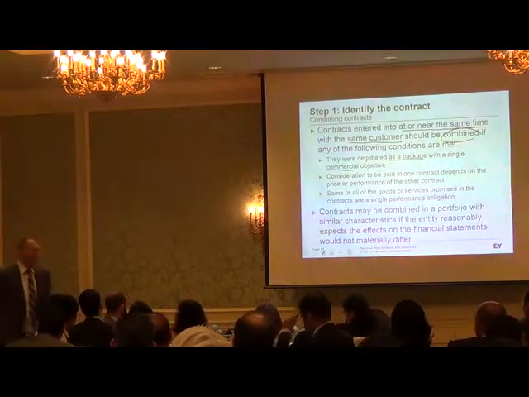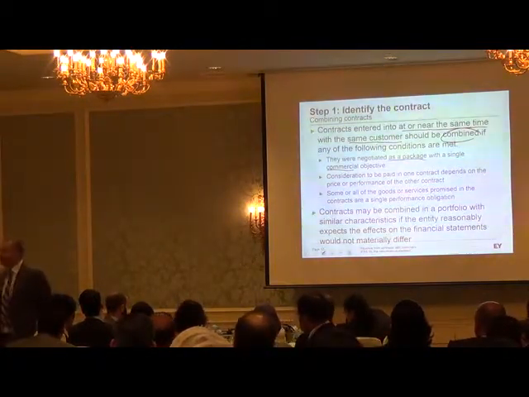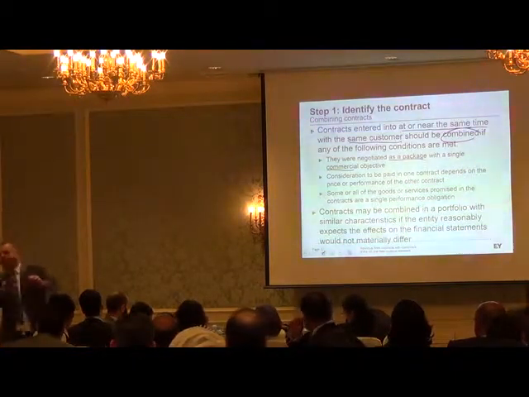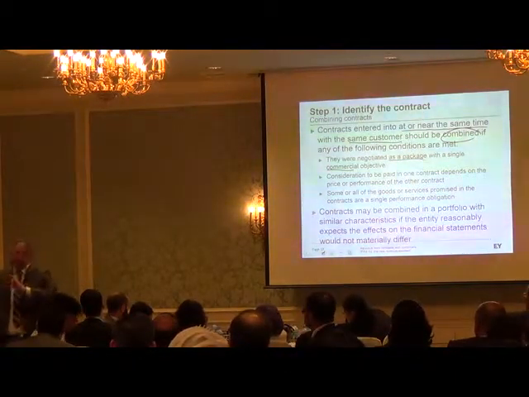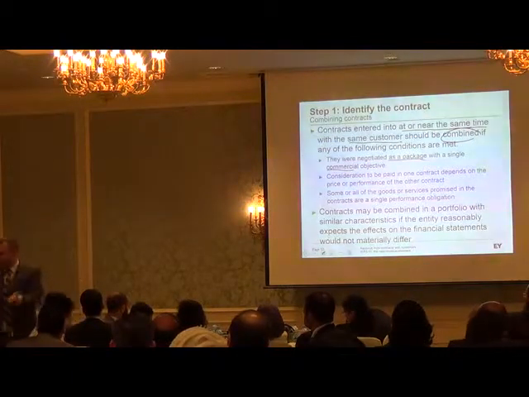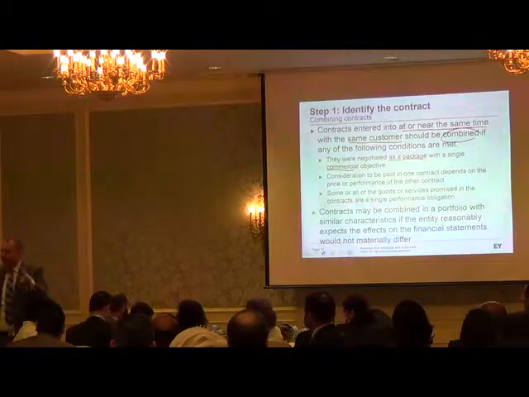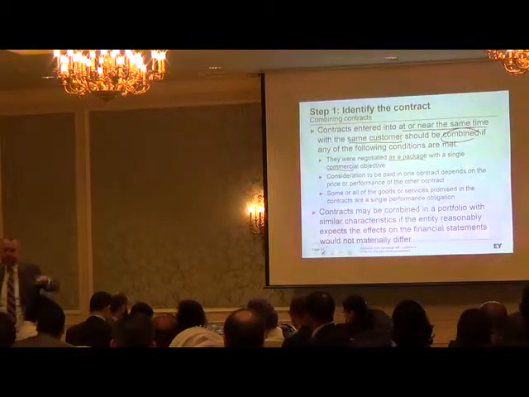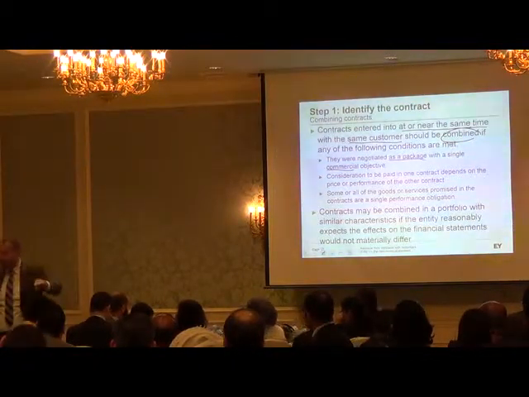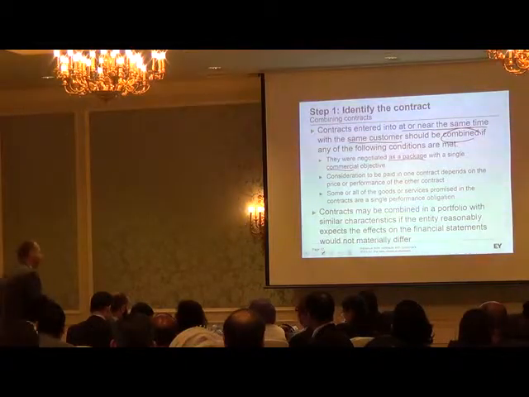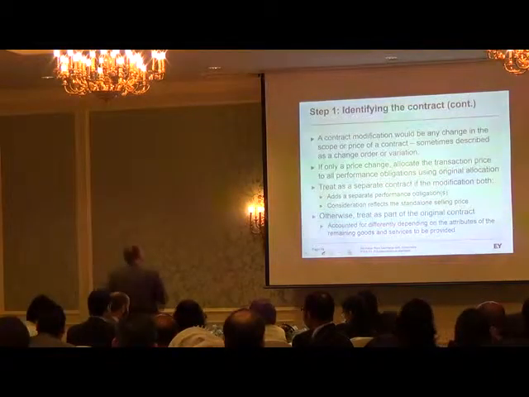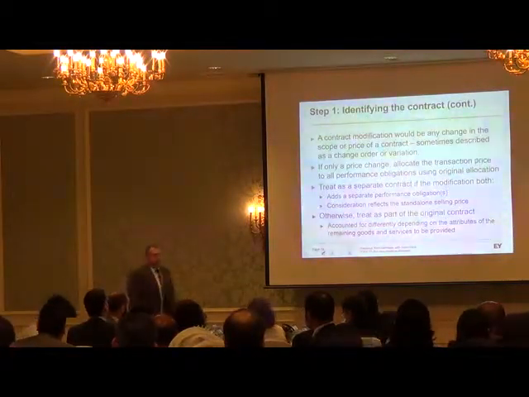That's actually a practical expedient. Why is it a practical expedient? Because they are telling you that, okay, if you have more or less the same customers, and if you have a lot of contracts at the same time, you can treat them how? As if they were one contract, because at the end of the day they will balance each other out.